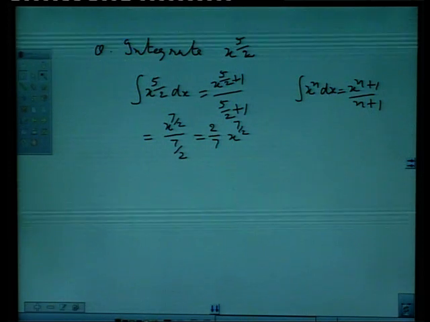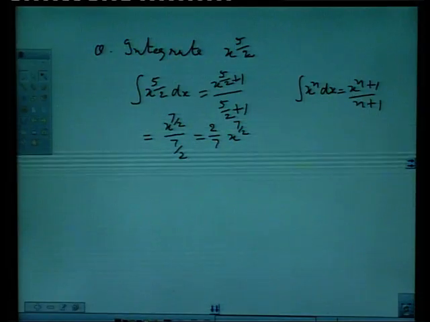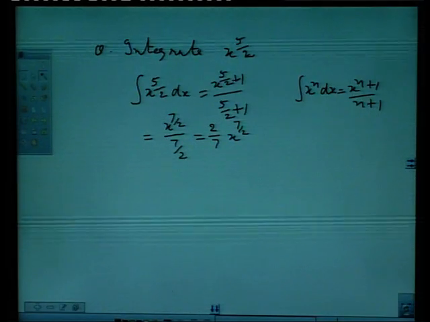So, we will write 2 upon 7 x raised to power 7 upon 2.